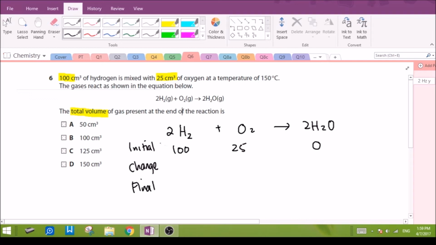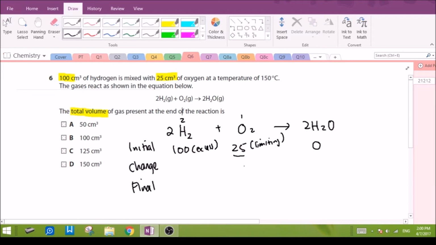Using a quick comparison, if we have 25 cubic centimeters of oxygen, it will only require 50 cubic centimeters of hydrogen, because for every 1 volume we need 2 volumes of hydrogen. We need 50, but actually we have 100 added. So it's important to realize that this is in excess, or we can say that oxygen is the limiting amount.